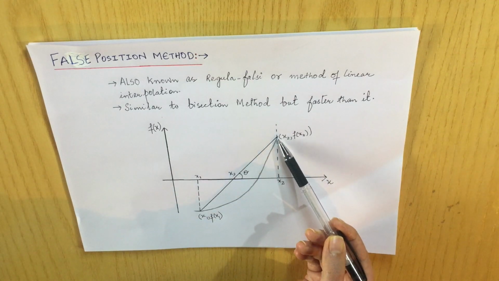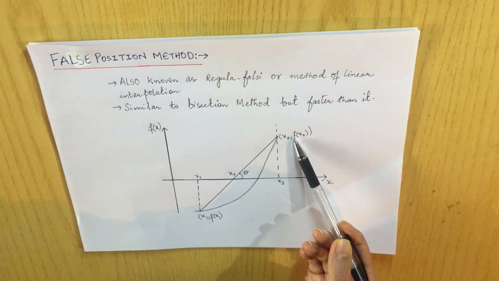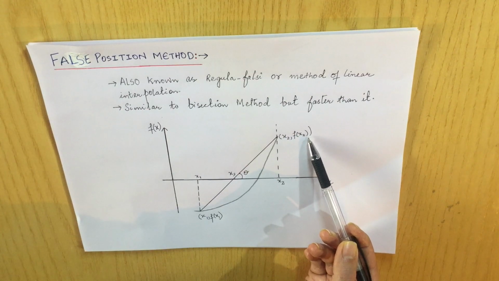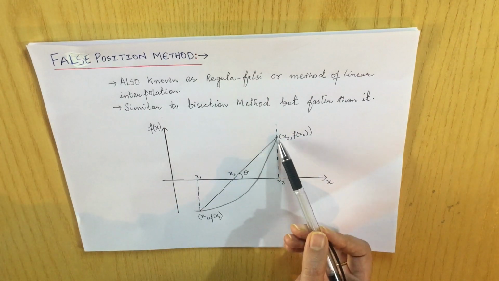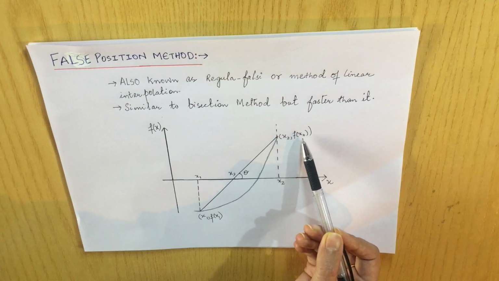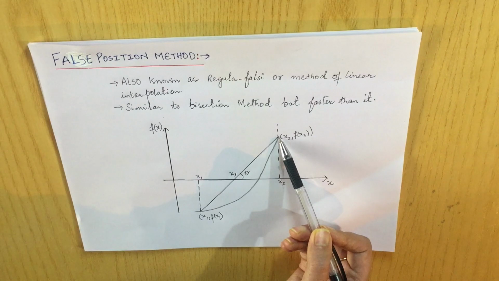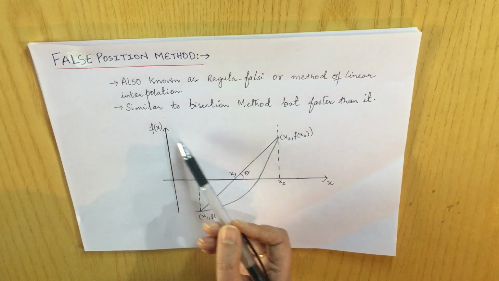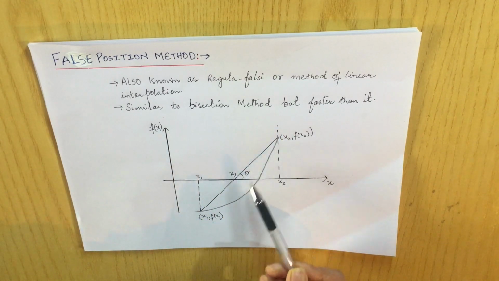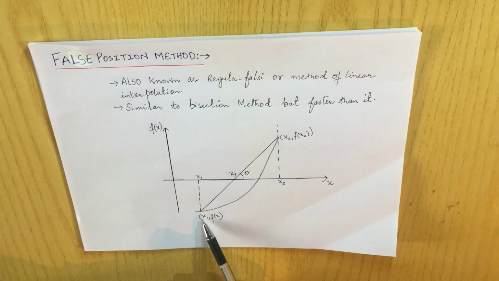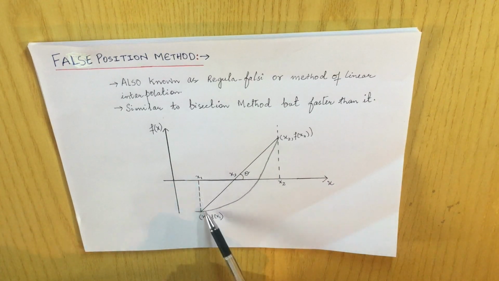Now the point here will be x2, f of x2, because the coordinates of this point are x2 comma f of x2. x2 is this intercept and f of x2 is this. Similarly, the point here will be x1, f of x1.